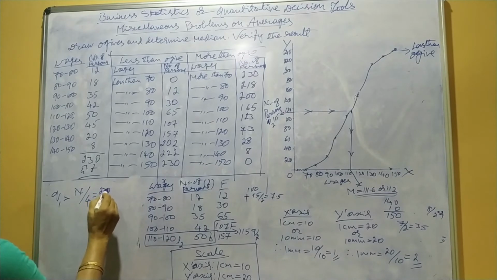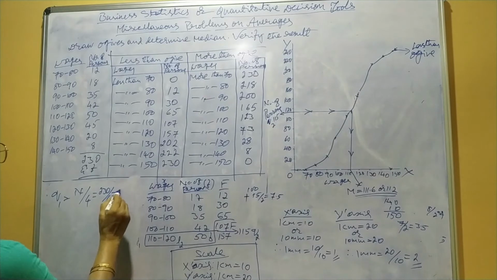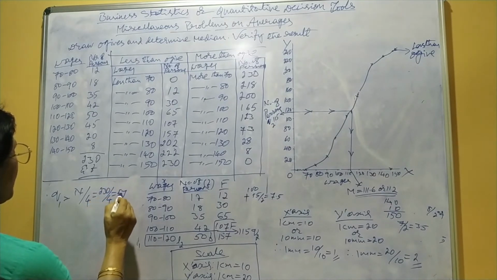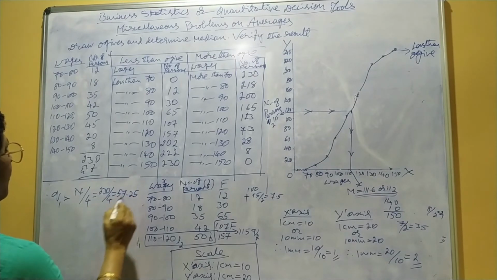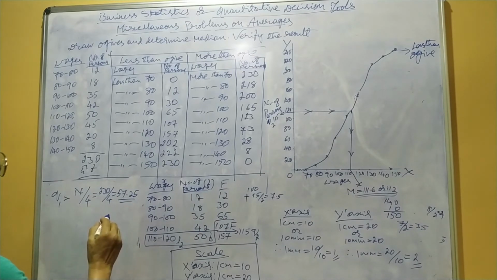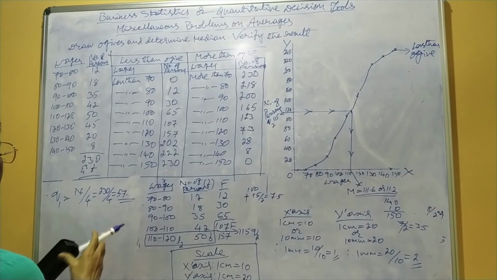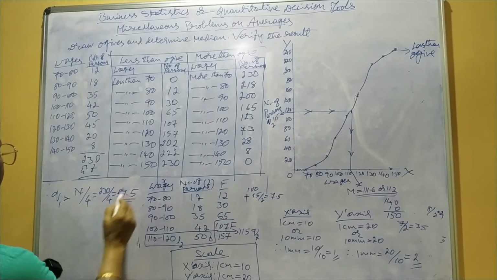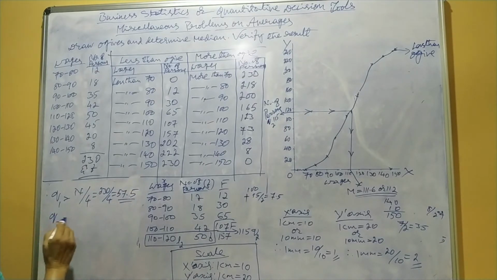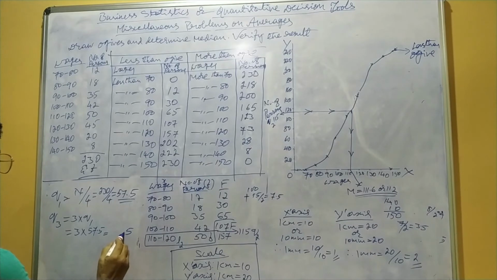N is 230 divided by 4, 57.5. Then Q3 equals 3 into n by 4 equals 3 into 57.5, 172.5, isn't it?